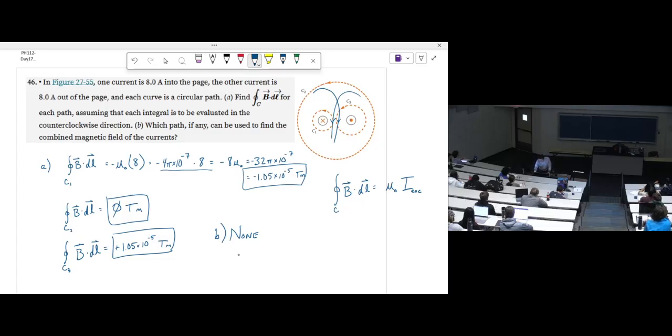So take, for example, if I wanted to know the magnetic field at this point right here, then I can take C1. I know that by itself, the magnetic field for this one is going to look something like this, let's call it B1.